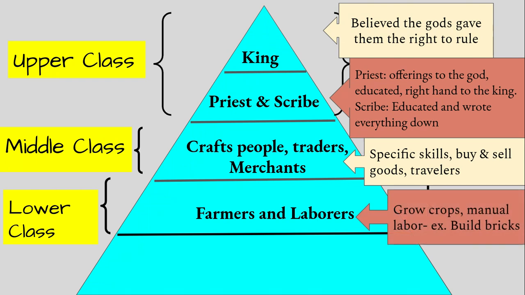Farmers and laborers. Farmers grew crops. Laborers do manual labor, which they were able to build bricks. They were able to use their hands to physically do things, such as digging ditches for the levees, irrigation system.